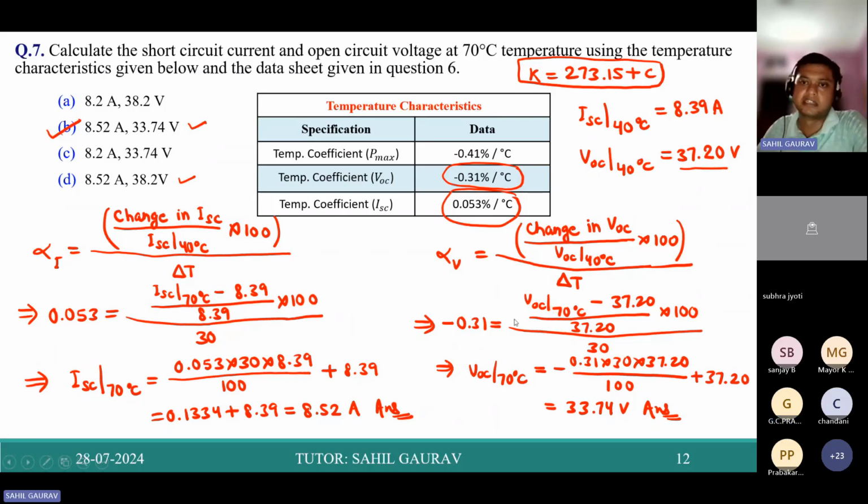Okay, I got your point. If alpha is given in Kelvin but delta T is computed in Celsius, it does not matter, because the conversion adds or subtracts 273, so it gets cancelled out. Delta T remains unaffected, so it does not affect this calculation.